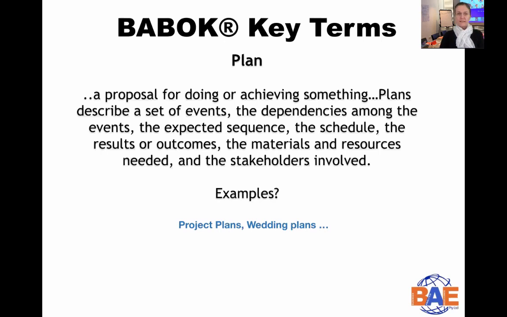The most common example of a plan would be a project plan. All of us have been exposed to project plans. We may even have created project plans. And then of course other everyday life plans could be a wedding plan. You have to do all of those same things to execute that. What other plans can you perhaps think of?